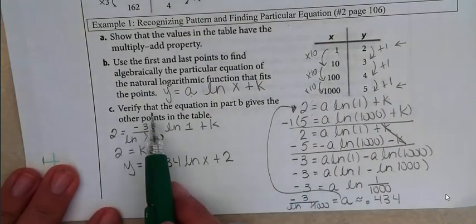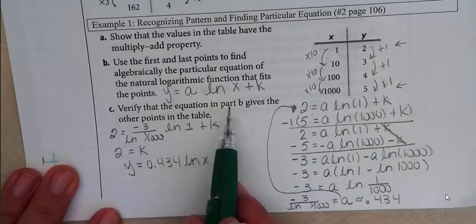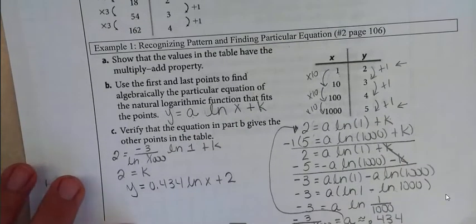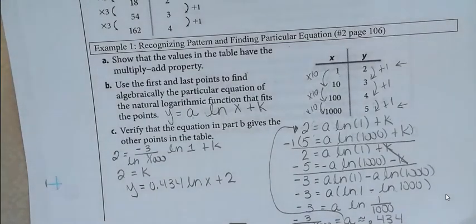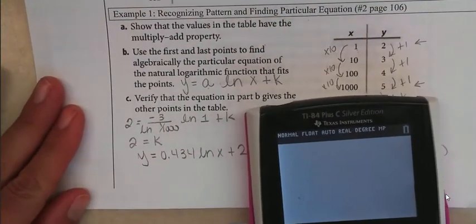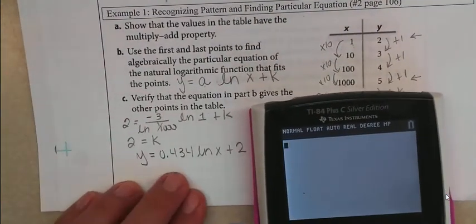And so in C, they want us to verify that the equation in part B gives the other points in the table. So you could plug in any of those points that you wanted to. Let's get my calculator out. So where's my equation? How about I plug in 100?